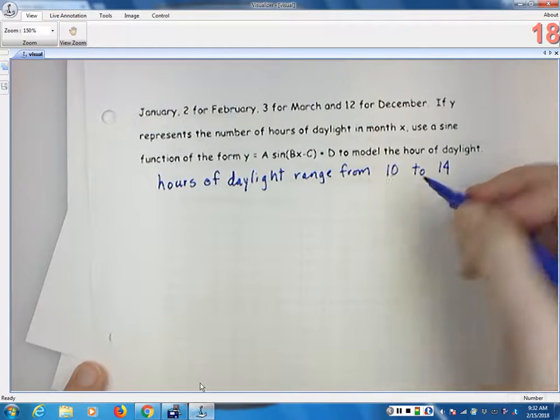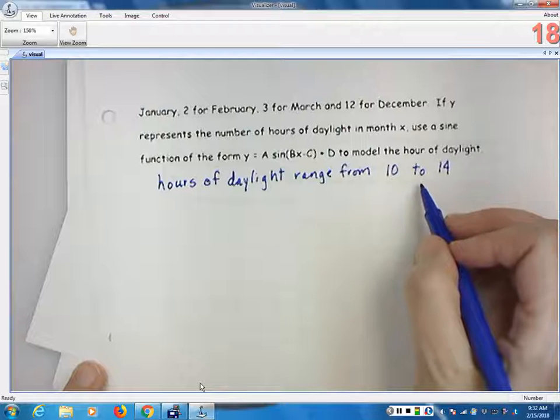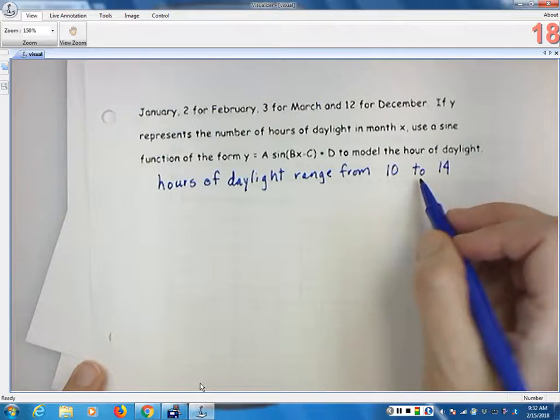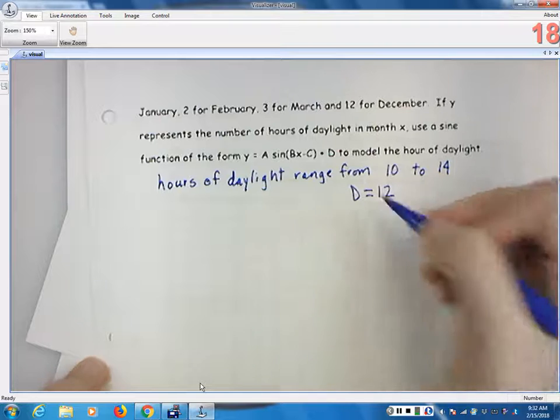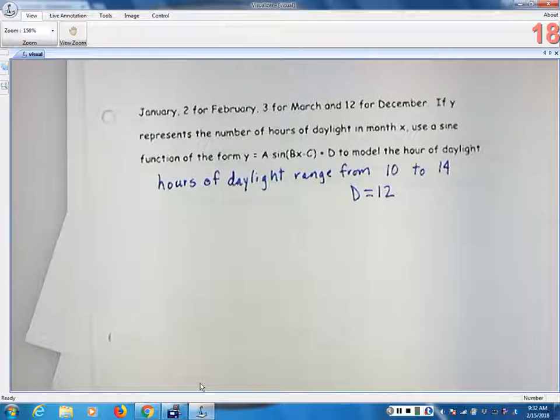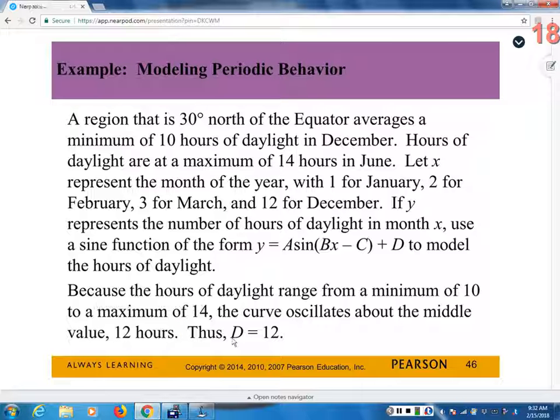And so that means it's oscillating about 12. So that means that D equals 12. So that's what it's going to oscillate about, the middle value between 10 and 14. And that's what the slide shows. Says, so D is 12.